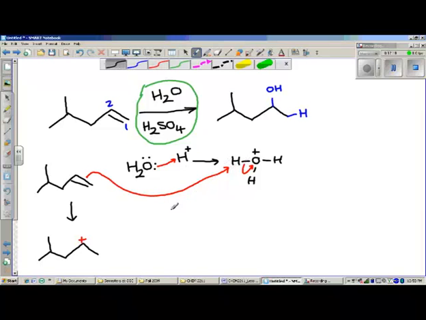Also bear in mind though, what else we just formed in our first step. We had our hydronium, and from that we formed some water that is still going to be sticking around. In fact, there's plenty of water around. Anytime you do anything in H2O and H2SO4, there's plenty of water lying around. So that water is going to act as a nucleophile and attack that carbocation, by far the most electrophilic part of the whole molecule.